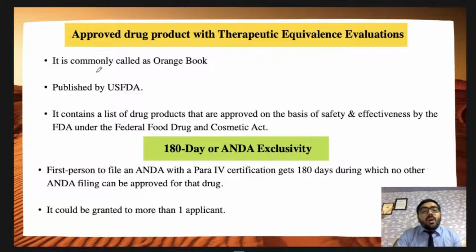Now, what are approved drug products with therapeutic equivalence evaluation? In my course overview, I mentioned the Orange Book. What is the Orange Book? It is approved drug products with therapeutic equivalence evaluation.